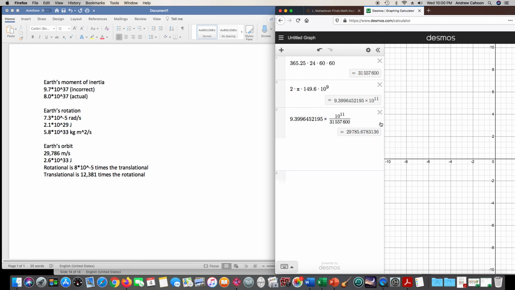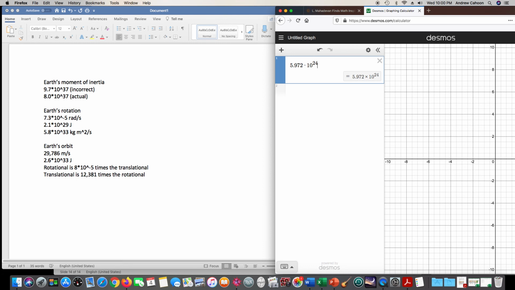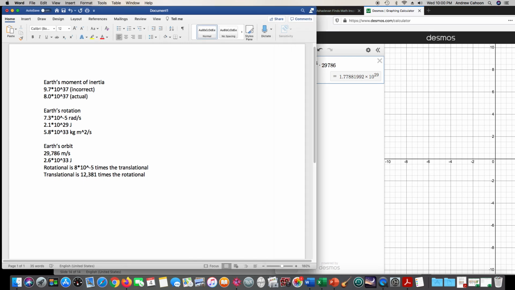So linear momentum is mass, 5.972 times 10 to the 24, times velocity, and the velocity was 29,786 meters per second. Okay, so it has a momentum, not angular momentum, but a momentum of 1.8 times 10 to the 29 kilograms meters per second.